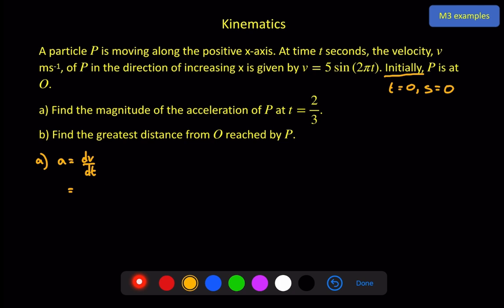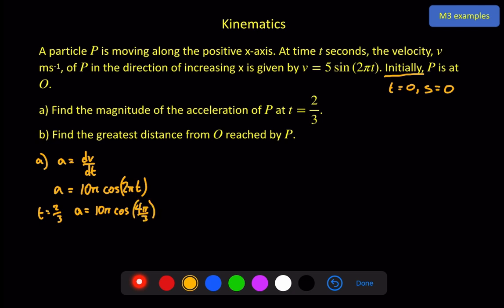Differentiating our sine function, we get a cosine function, and we pull out the 2 pi. So that gives us 10 pi cosine of 2 pi t. Now to find the magnitude, we just need t is equal to 2/3 and check that it is positive. 10 pi cosine of 4 pi over 3.